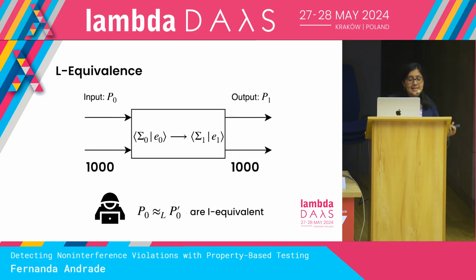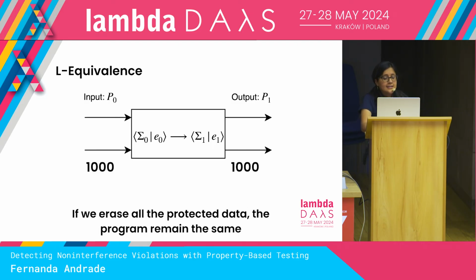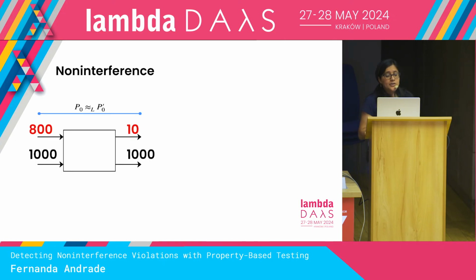And there we can say that the input and the output are L-equivalent. So now you know this concept, L-equivalence. It's the same as saying that if we erase all protected data, the execution remains the same. Now that we know what this concept is, we can talk a little bit more about non-interference. There are several proposals to express what non-interference is, but this is just a general notion. So let's start with a program.